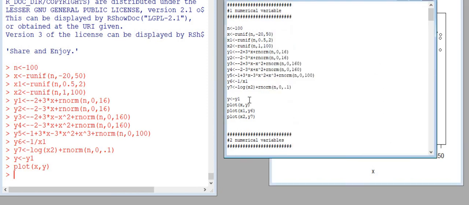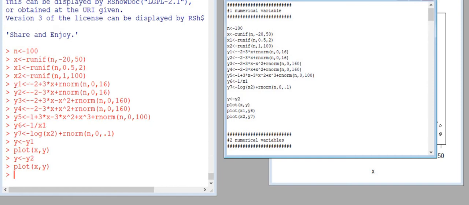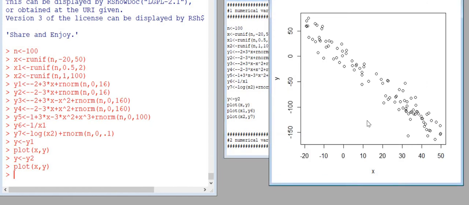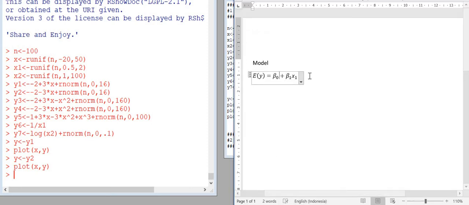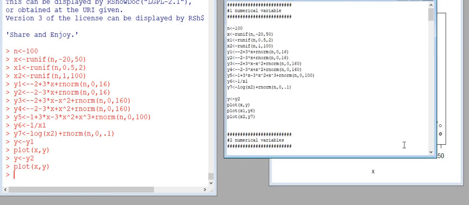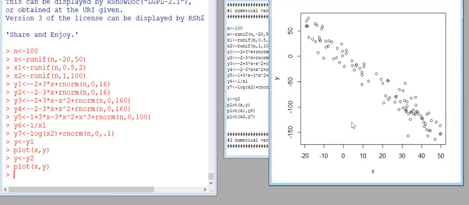Okay, now let's look at another pattern. If we have this kind of visualization, again I will still propose just beta naught plus beta 1 x1, no transformation at all for the x1, because this is also just a straight line here.